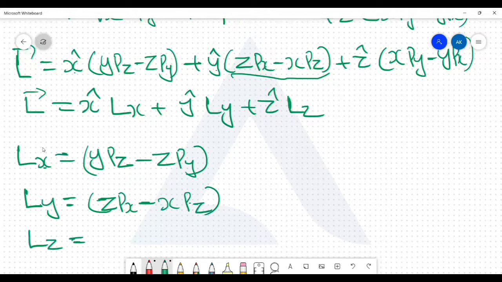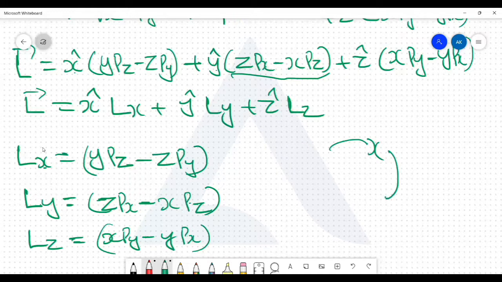Lz should be x py minus y px. So the order x to y, y to z, z to x, you should keep track of. Lx is y pz minus z py. Ly is z px minus x pz. Lz is x py minus y px.